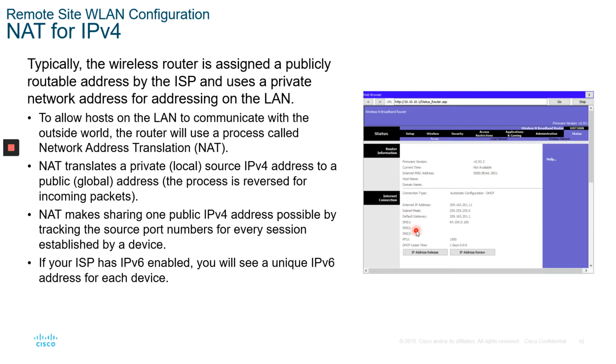It will translate your private address into a public address, and vice versa as well. For example, when the response comes back from google.com to your computer, it will translate that address into a private address. So that's the functionality of NAT, network address translation. It translates a private source address to a public address, and does the reverse process for incoming packets.